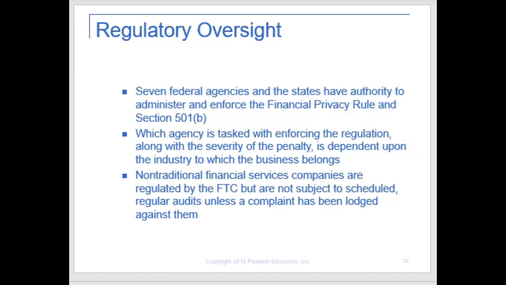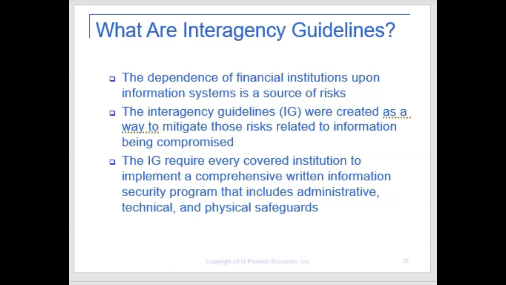So then we ask ourselves, well, okay, what are interagency guidelines, right? Because agencies don't act in a stovepipe. And these guidelines implement a comprehensive written information security program. And so you'll want to include in that administrative controls, technical controls, and physical safeguards. We've talked about those since week 1, right, in that overview that I provided. And these must include the policies and processes, right?